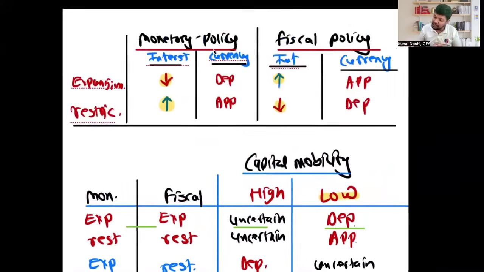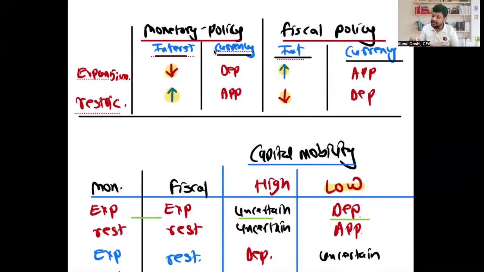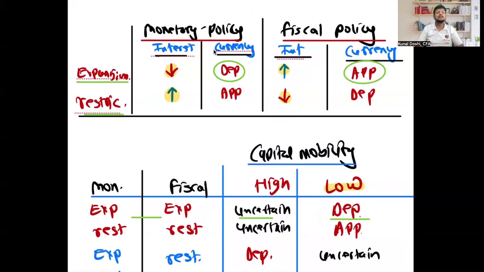See here, first, before understanding this, we need to understand what happens in expansion and restriction. Whenever there is expansion in monetary policy, the interest rates go down, correct? And the currency depreciates. But in fiscal policy, when I say expansion, the currency appreciates if the fiscal policy is expansionary.